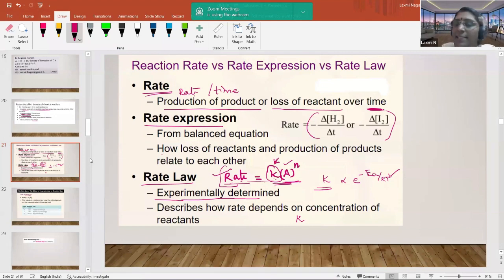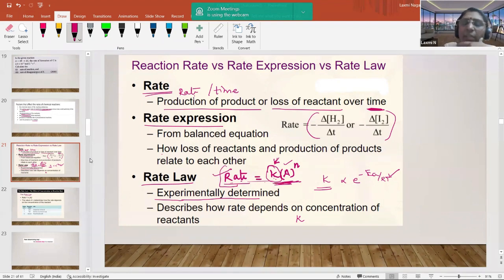So keep telling this idea so that it gets reinforced in their brains. The moment you say K changes only with, they should be able to fill in the blank that it is temperature. So that way, the emphasis on K factor.